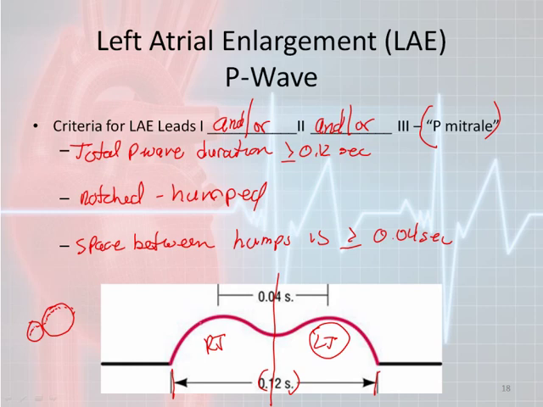Therefore, the P wave starts out normal, but then as it gets over to the left atrium, it is drawn out. And because there's another large piece of tissue there that needs to be depolarized, it basically causes another P wave. That is why you have a very wide P wave that is notched with a space of greater than or equal to 0.04 second between the notches.